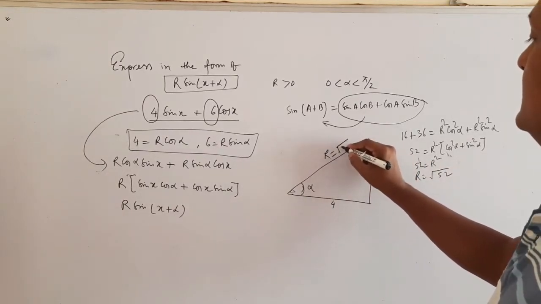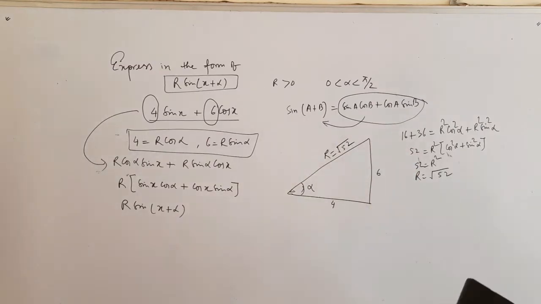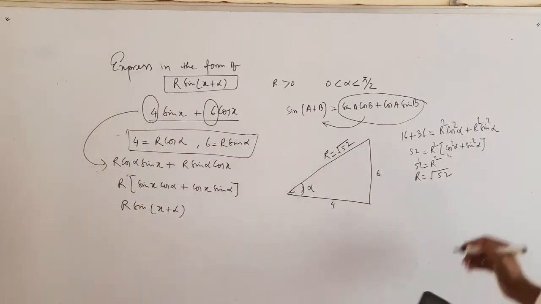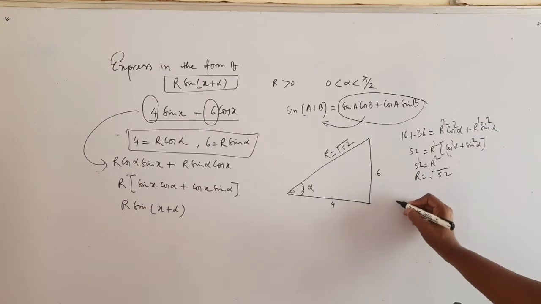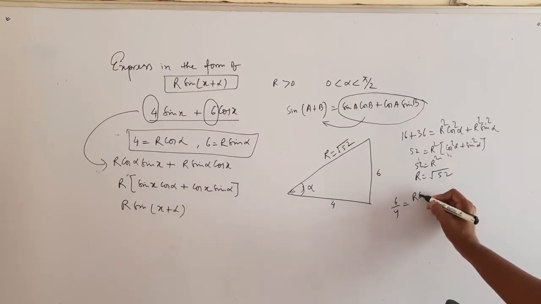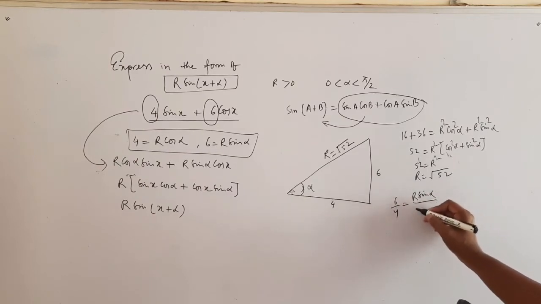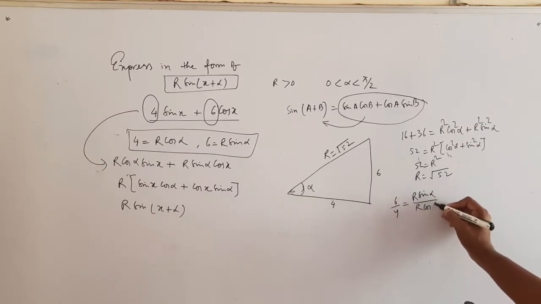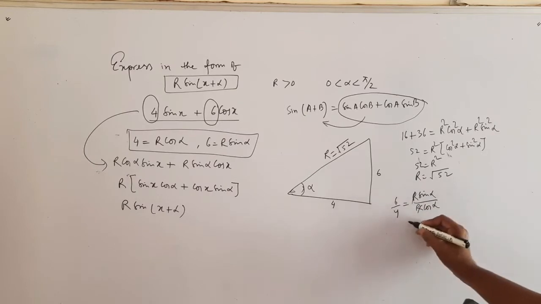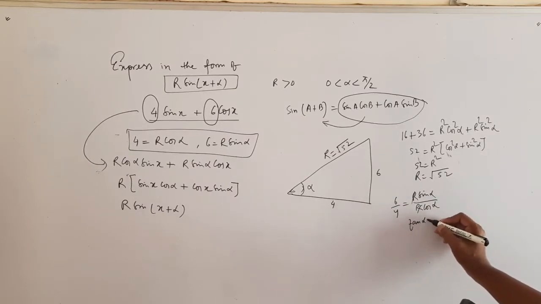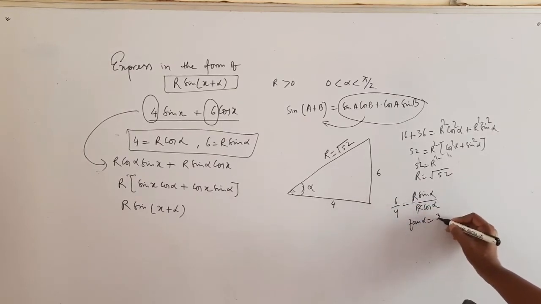So this is square root of 52. Now if you divide this by this, you get 6 by 4 equals r sine alpha over r cos alpha. R cancels. Tan alpha, 6 by 4 is 3 by 2.